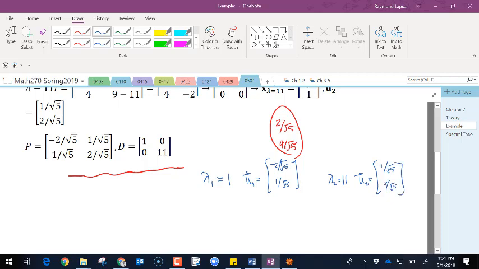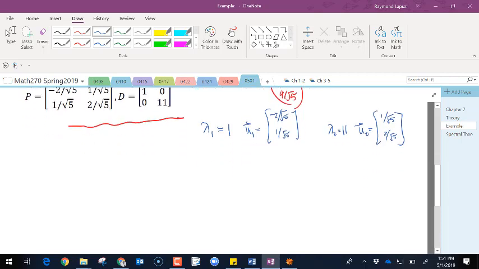Okay? So what they're saying now is that if I take u1 inner product with u1 transpose, this is going to be u1, negative 2 over root 5, 1 over root 5, times negative 2 over root 5, 1 over root 5.